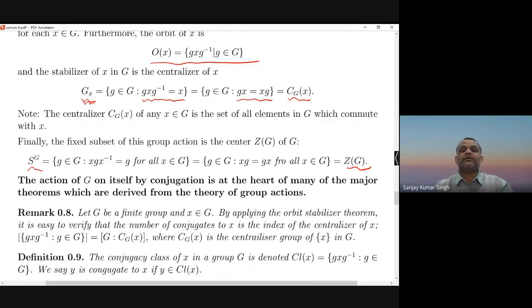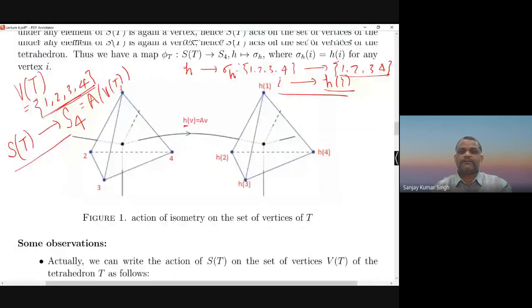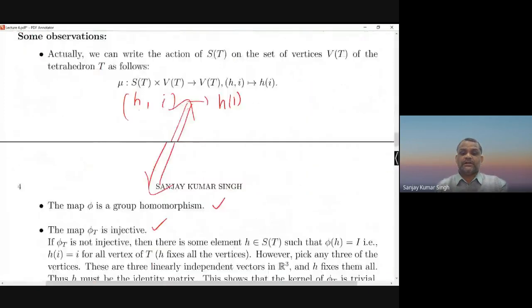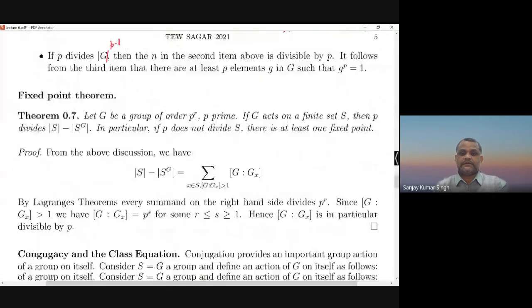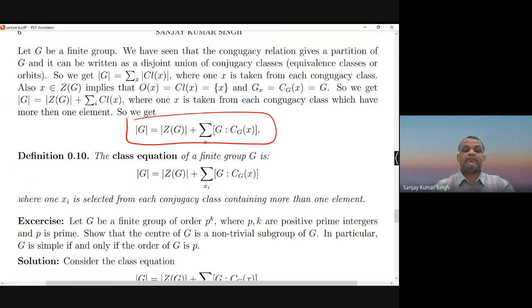So the orbit formula we got here, if we put values in this formula, then we get a nice equation like this. This equation is very famous and useful in many places, and we call it the class equation for any finite group, and it is very useful.